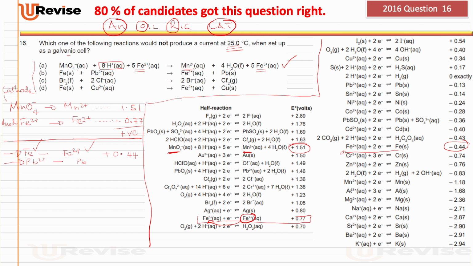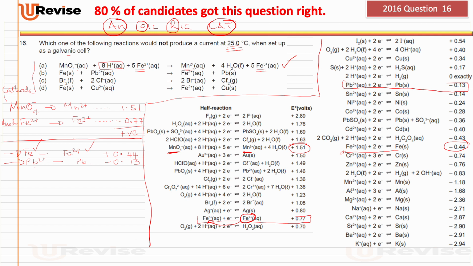But here, because we're going the opposite way, we change that electrode potential to positive 0.44. Now, lead 2 ions, where are they? Lead 2 ions going to lead. This is the half equation we're looking for, and it's arranged the proper way. So this one is minus 0.13 because we start with lead 2 plus and end up with lead.